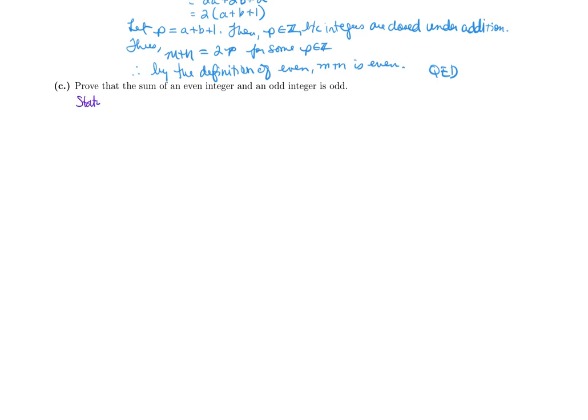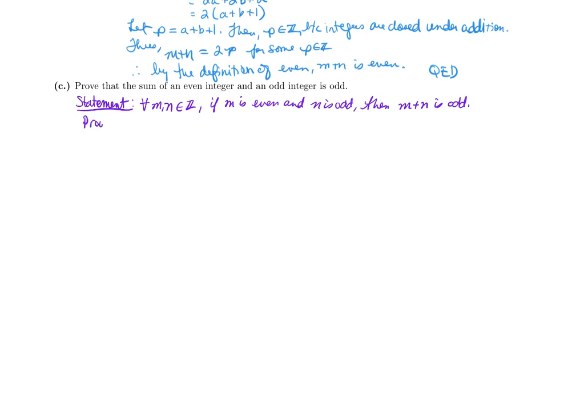So let's write our statement. Prove that the sum of an even and an odd integer is odd. So we're going to say for all m and n in the set of integers, if m is even and n is odd, then m plus n is odd.